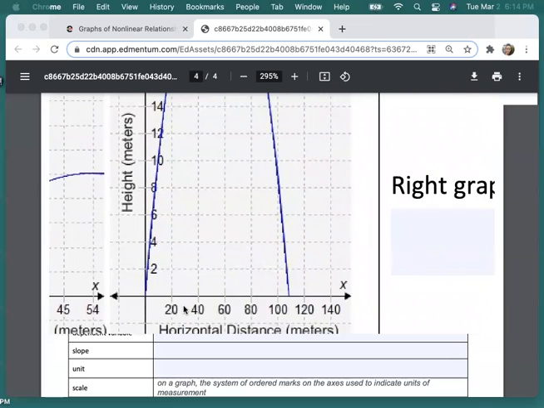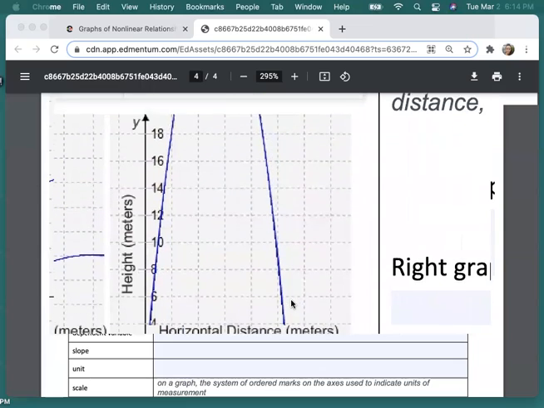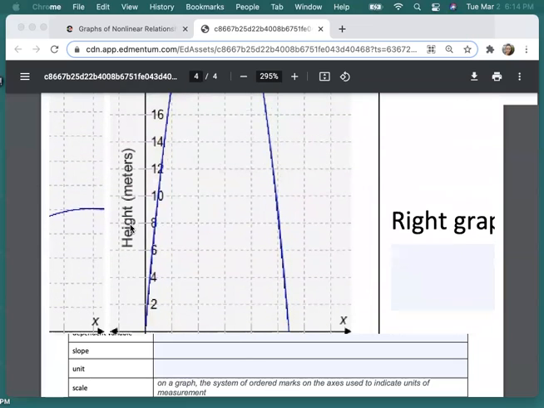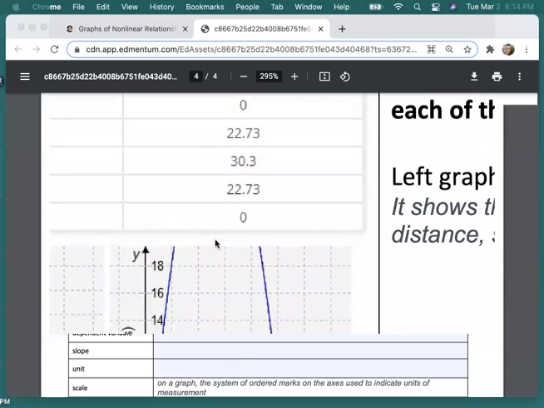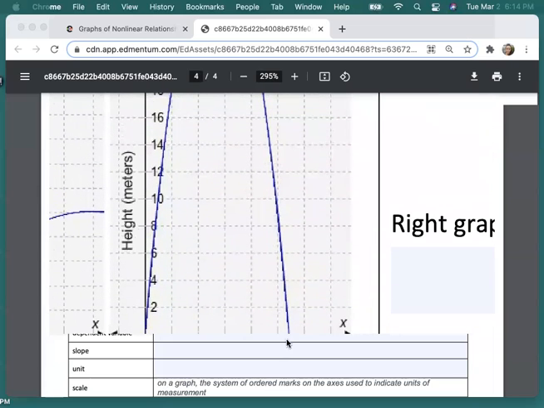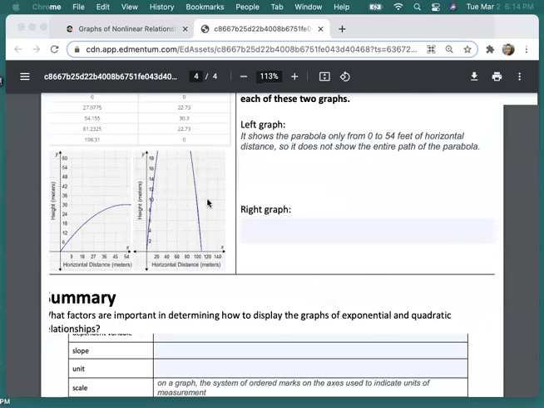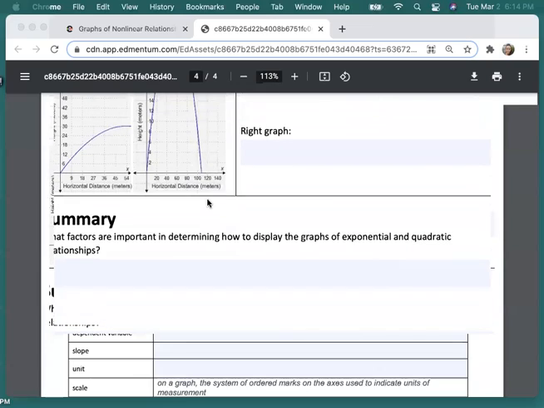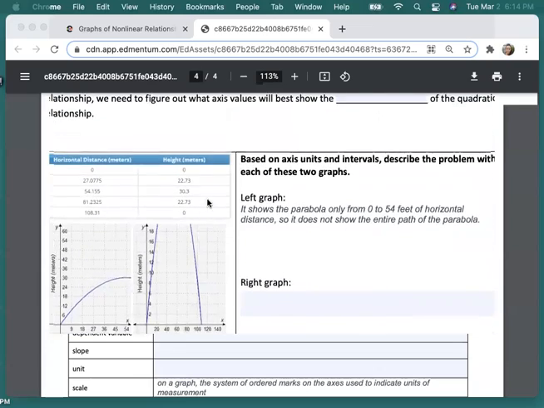And here you do see the horizontal distance, but see how the height and the horizontal distance don't really match up. It's very skewed and it goes off the top of the graph. So it should be to like 120 here. It should be to like 120 there. So think about your scale when you're looking at graphs.